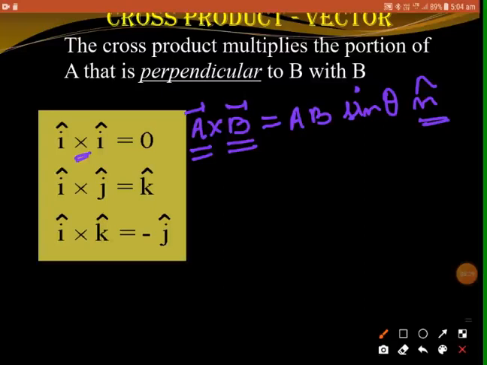Or rather you can also say n cap is a unit vector perpendicular to the plane containing a vector and b vector.